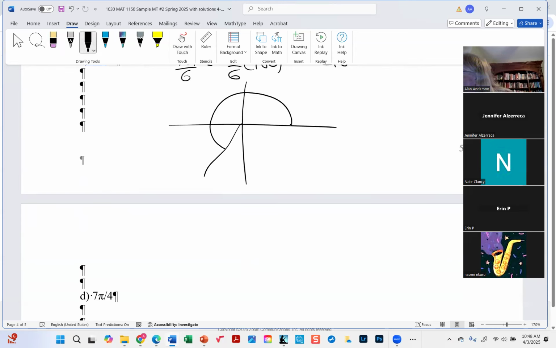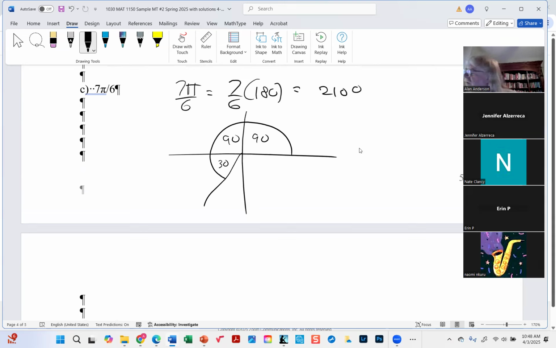In terms of pi, radians, we've got 7/6 pi, which is part of the way between pi and 3 pi over 2.